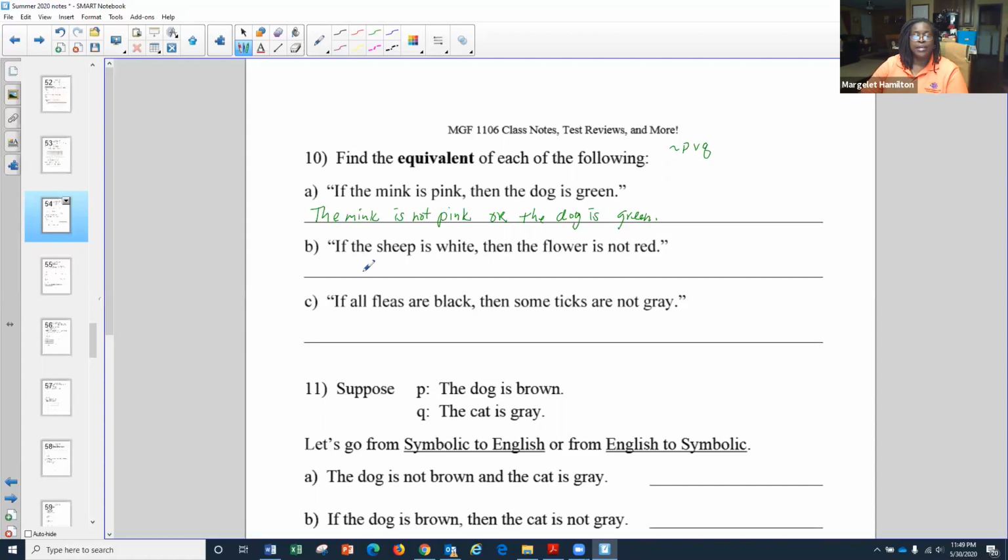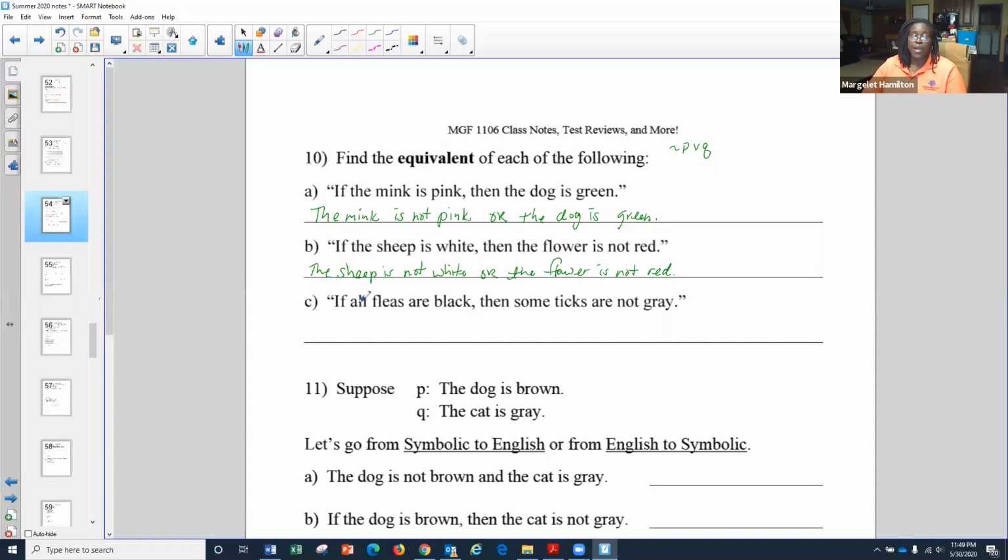All right, so we have, if the sheep is white, then the flower is not red. When we're writing the equivalent, we will have the sheep is not white, or flower is not red. Right? And then C says, if all fleas are black, then some ticks are not gray.